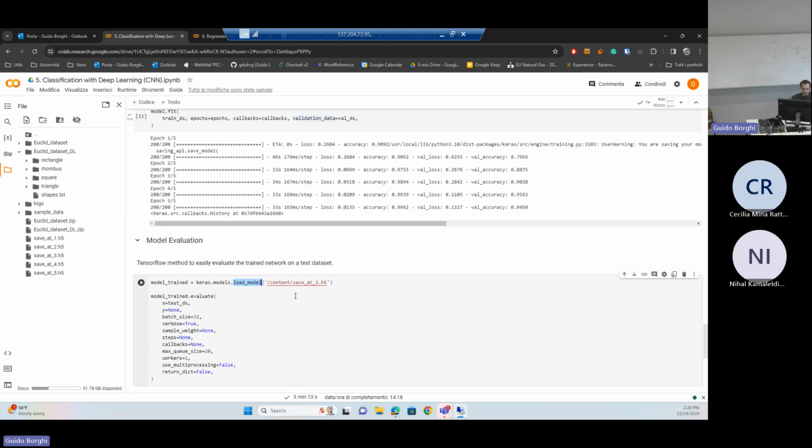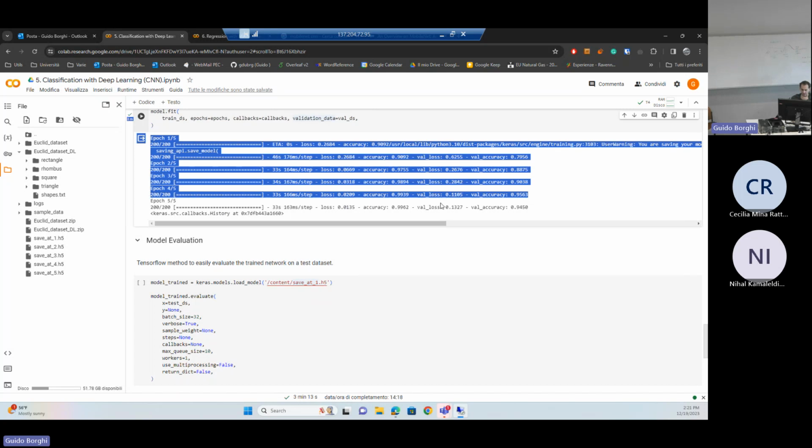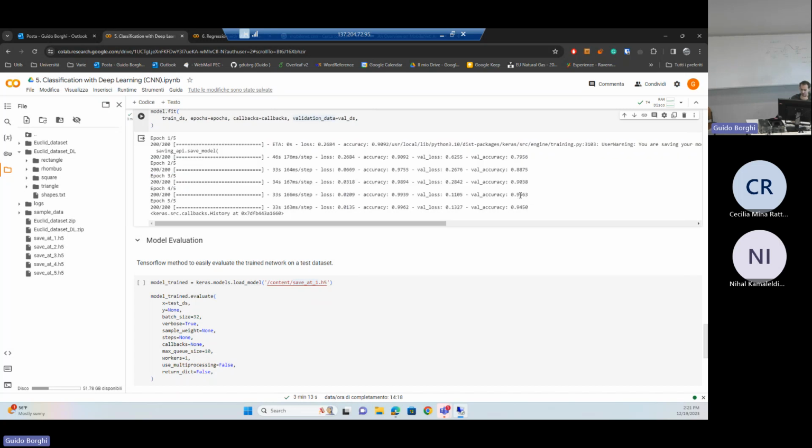So here we can decide to load the weights, for example, after the first epoch, after the second, the third, and so on. In this case, we can see that the best epoch is the epoch number 4, since we have a validation accuracy of 0.95 and the lowest validation loss. So I can here specify the number 4.